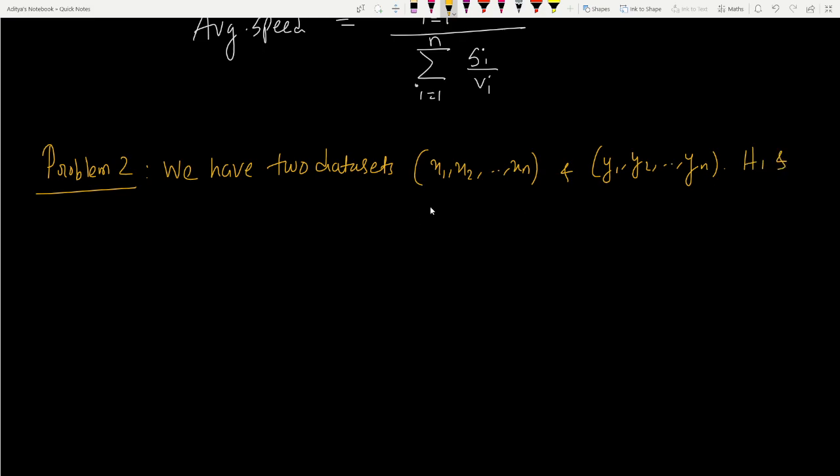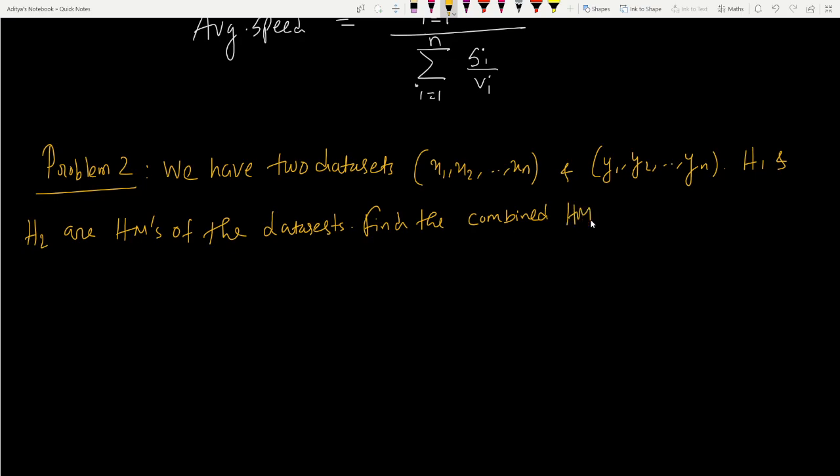H1 and H2 are harmonic means of the data sets. Find the combined HM. So this is another typical problem, and we have encountered problems like this before as well.